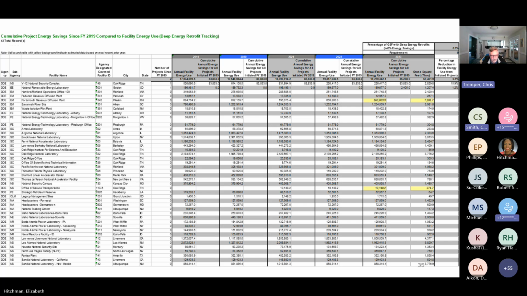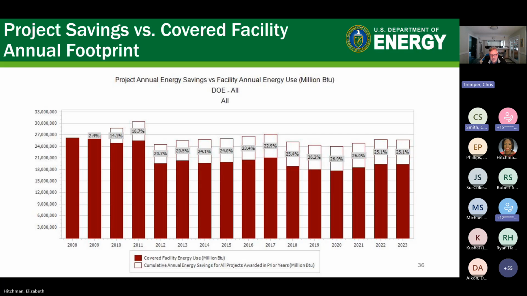So again, the importance is to report on these projects. It's required by the law, and it's required to be reported in CTS to be tracked for the deep energy retrofit goal. So the next slide is a slightly different take on energy savings versus your annual covered facility footprint.